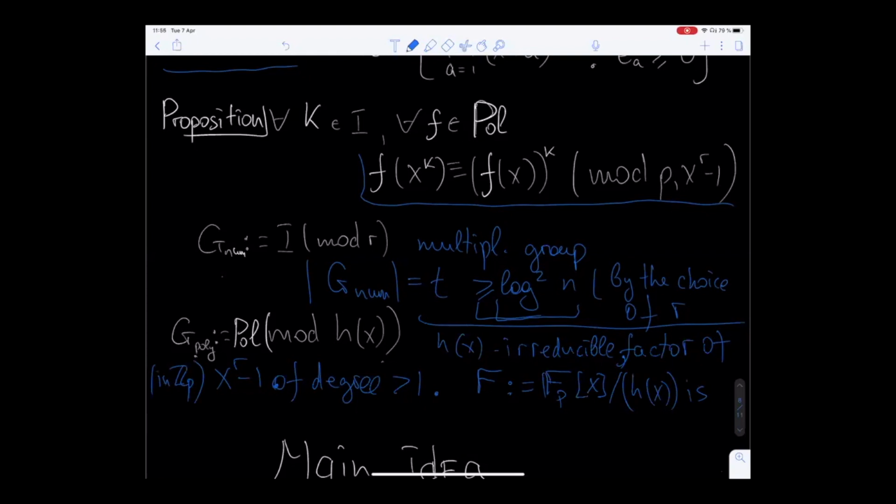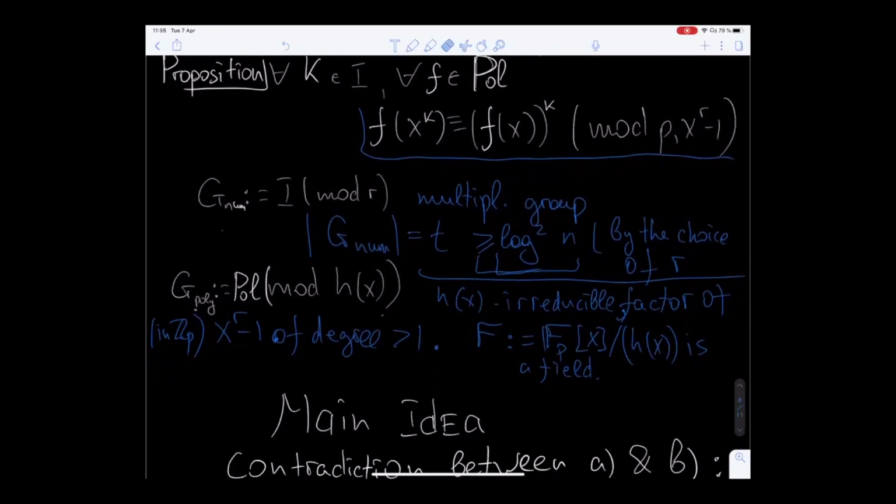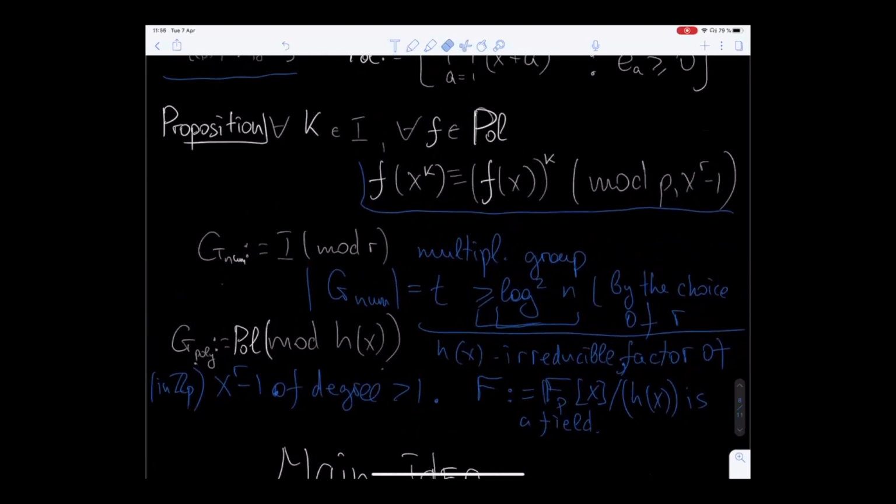So this thing is a field, and what we want is... let me do a manipulation here.